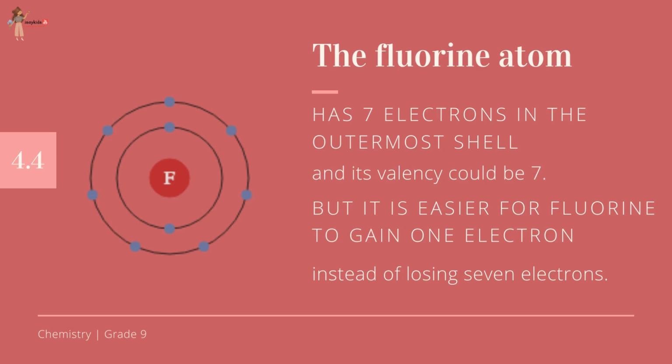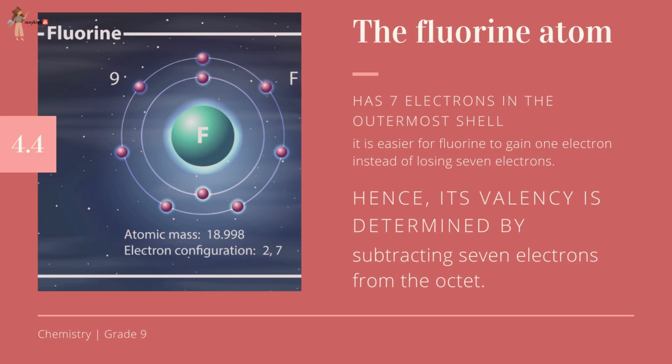For example, the fluorine atom has 7 electrons in the outermost shell, and its valency could be 7, but it is easier for fluorine to gain 1 electron instead of losing 7 electrons, right? Hence, its valency is determined by subtracting 7 electrons from the octet, and this gives you a valency of 1 for fluorine.